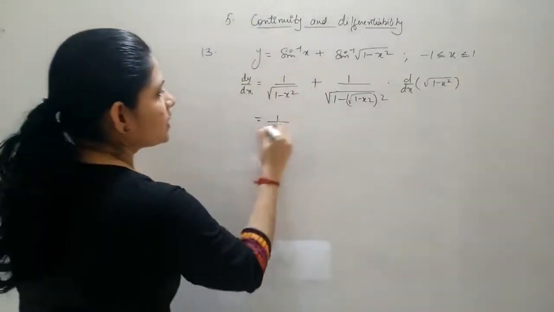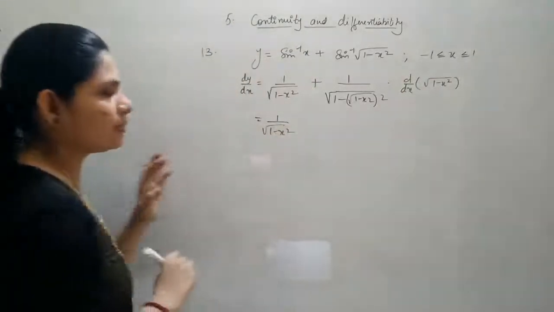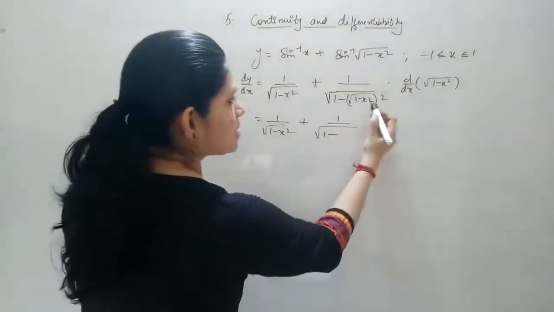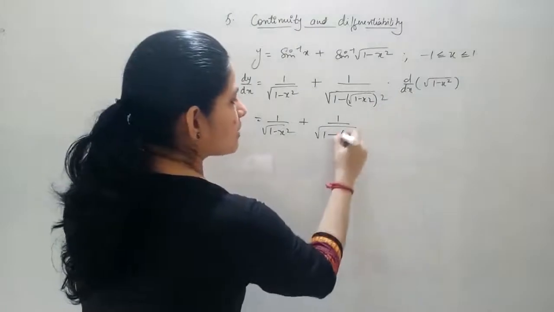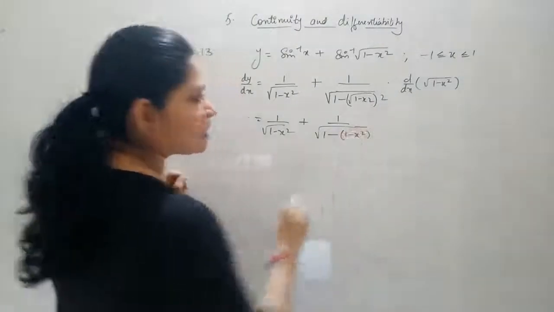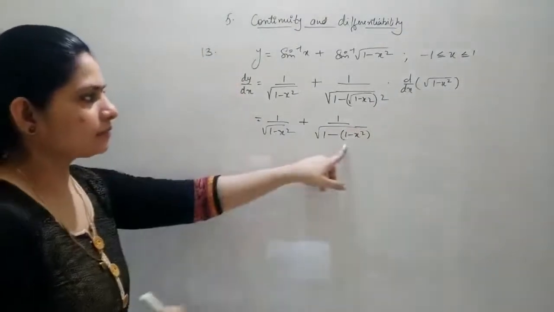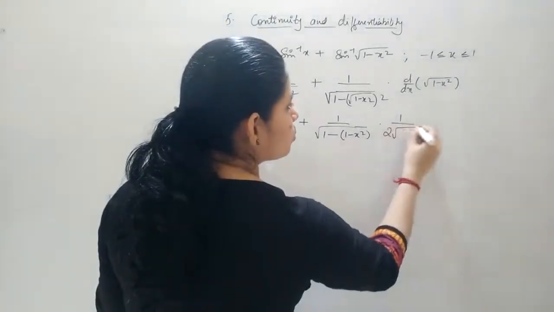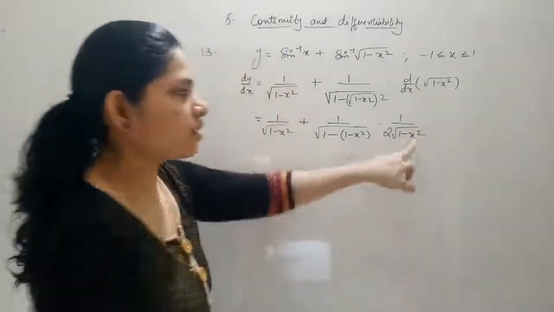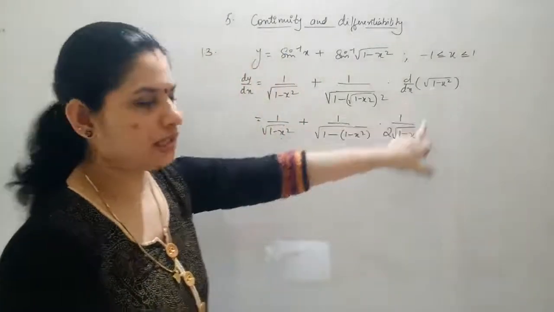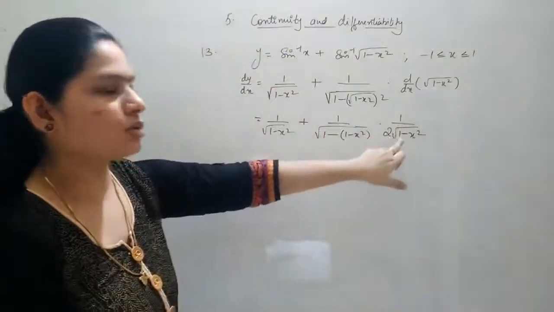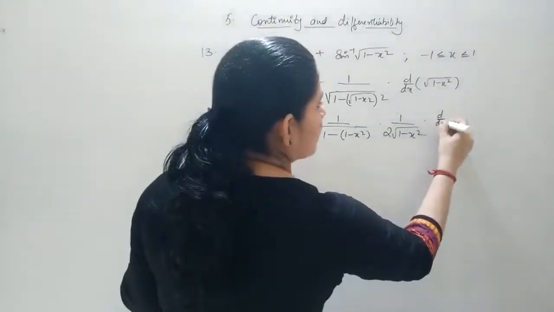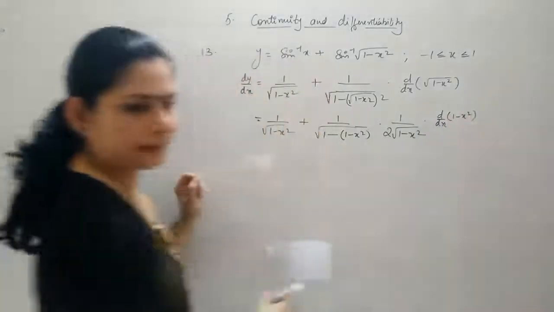So this will give you the same thing, that is 1 by root of 1 minus x square plus 1 by root of 1 minus, this is root and square, so getting cancelled, I am giving you 1 minus x square inside this, into derivative of a root term, which is 1 by 2 root of that. Again it is not x. If it was root x, you would write 1 by 2 root x. Here it is 1 by 2 root of 1 minus x square. So you have to differentiate that 1 minus x square again.